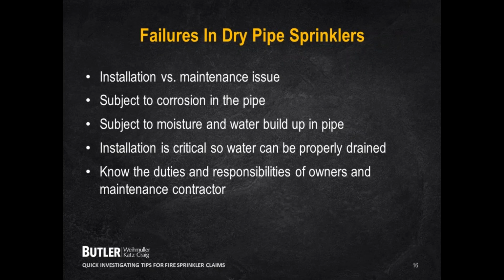If you have an insured who keeps a log of that maintenance, that's wonderful. Sometimes we do see insureds who have immaculate records. It makes it a lot easier on everybody. So that's why the installation is critical, so that the water can properly be drained off of the system.